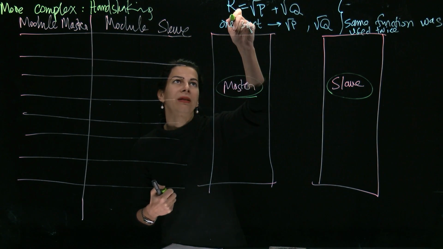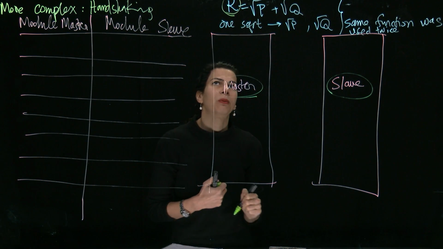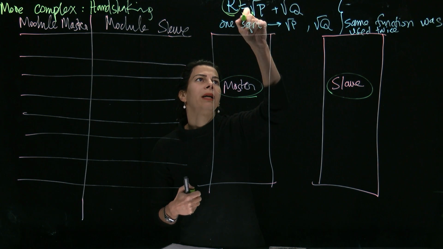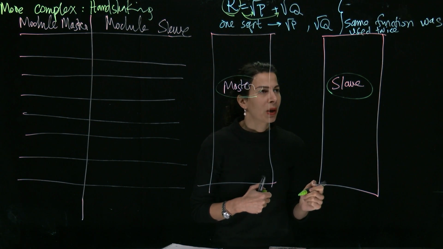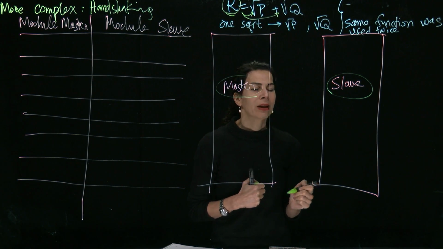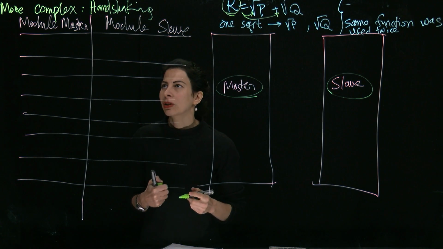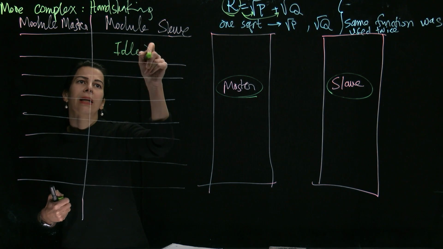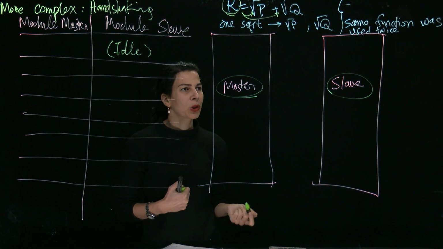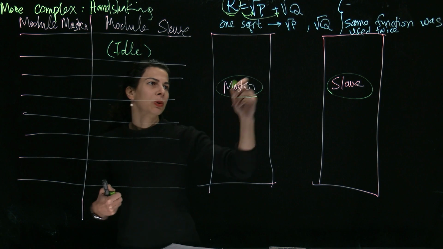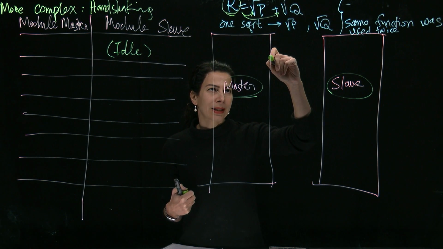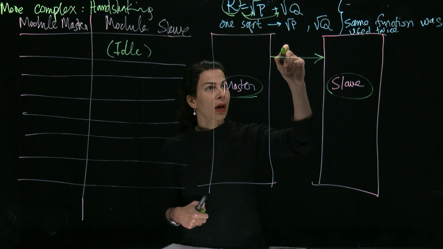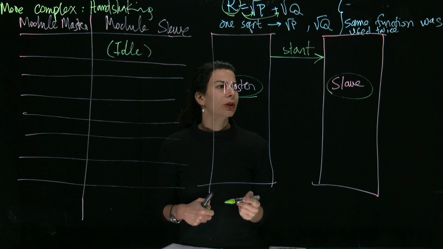In this particular case, the master was trying to compute the value R, and it was calling the square root twice as the slave module to do these operations for it. The slave is of course in some idle state, and then the master wants to start the operation, so it sends a start signal to the slave.